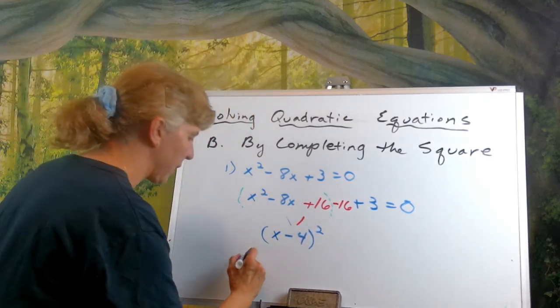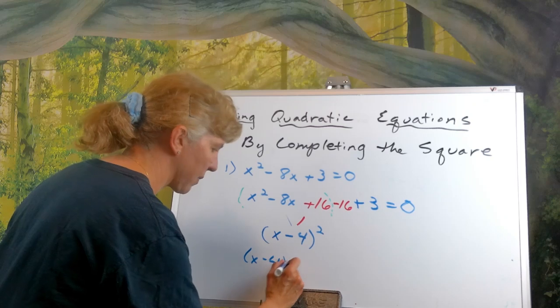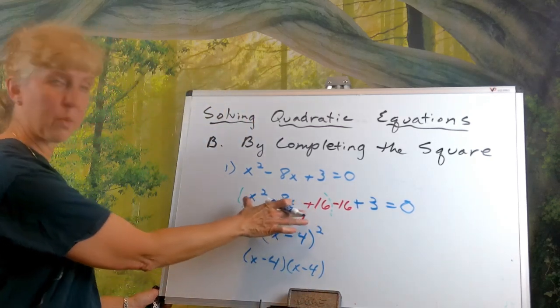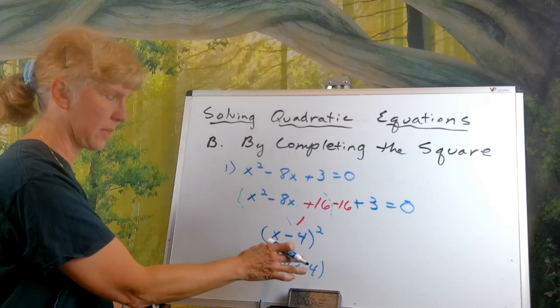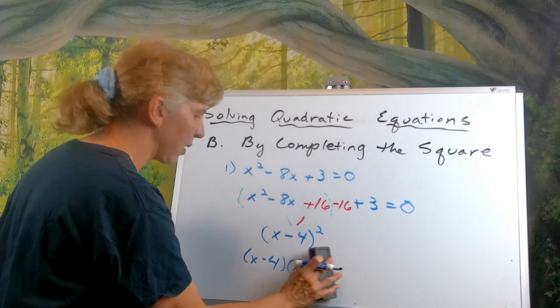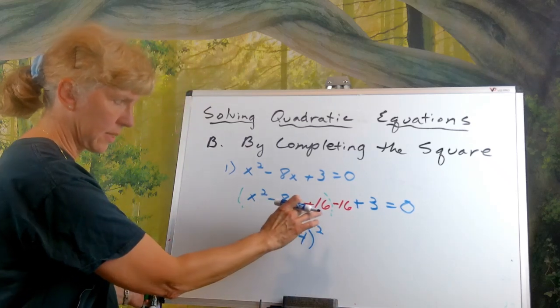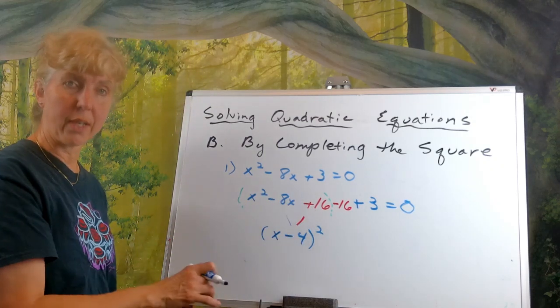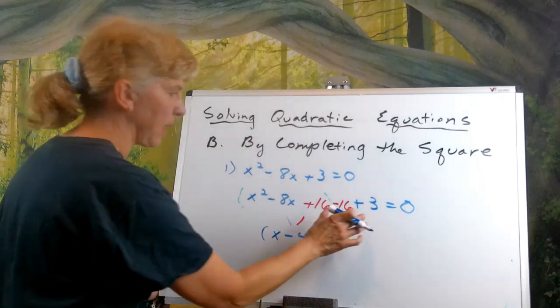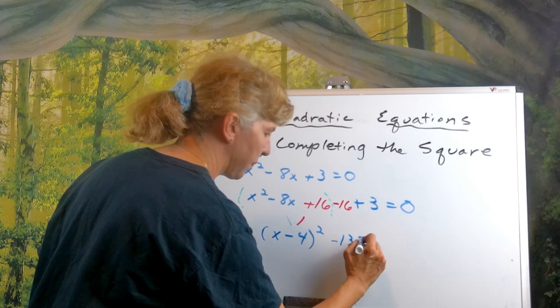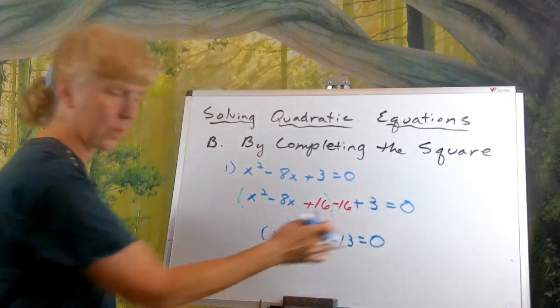In other words, if I were to take x minus 4 times x minus 4 and multiply that out, I would get back what I have in the green parentheses, all right? So what I've done is I've created a perfect square by adding the 16. And I'm going to show you why I use that here in just a minute. Now the negative 16 plus 3 becomes negative 13. And it still equals 0.